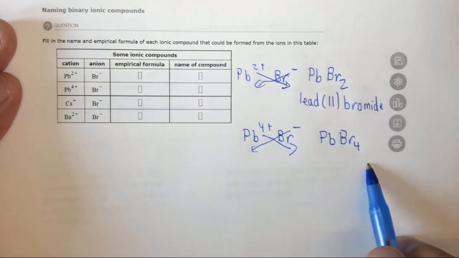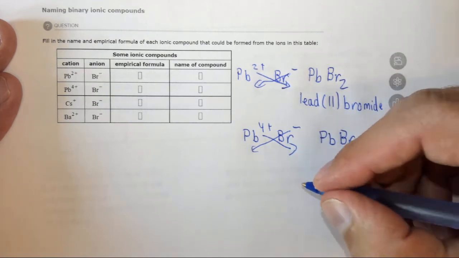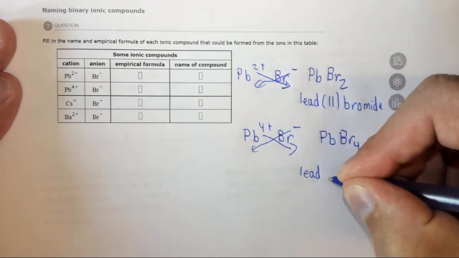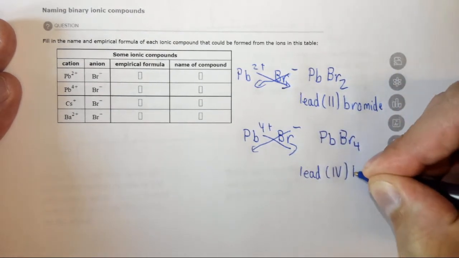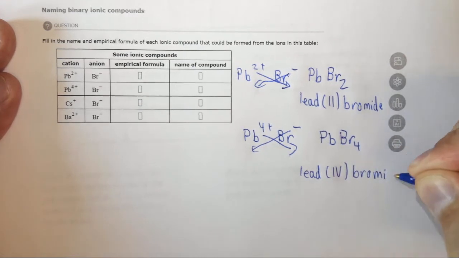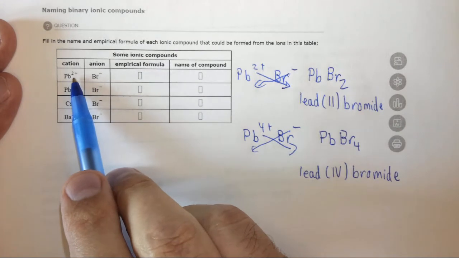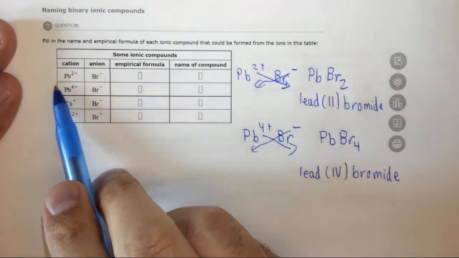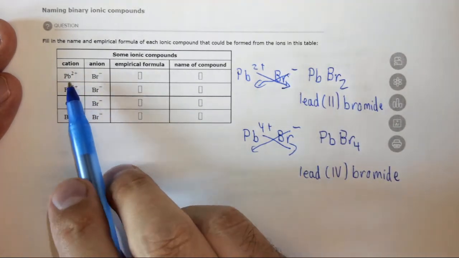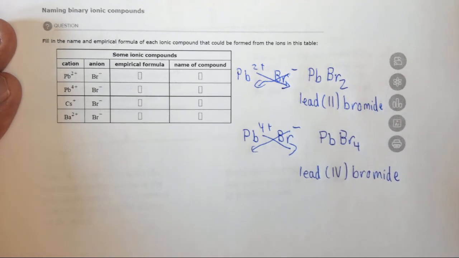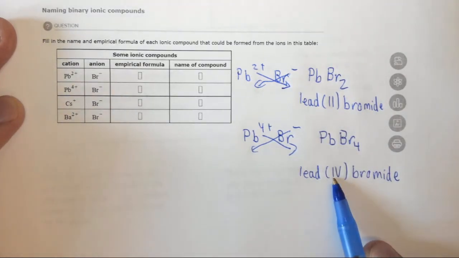We now want to name this, and this is called lead(IV) bromide, since it's still lead, and lead is capable of forming multiple charges. A big hint here is that this is 2+ and this is 4+, so there's multiple charges in this individual question, so it's certainly capable of forming multiple charges. Then you want to use the Roman numeral in the naming.